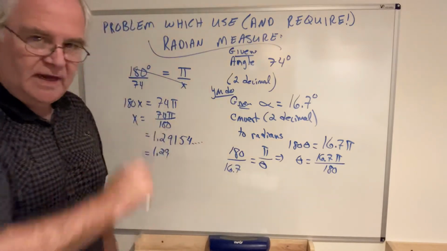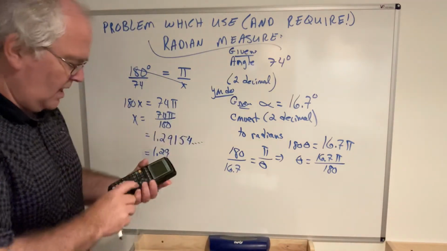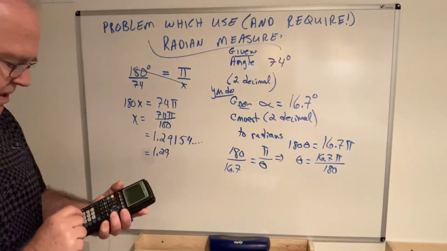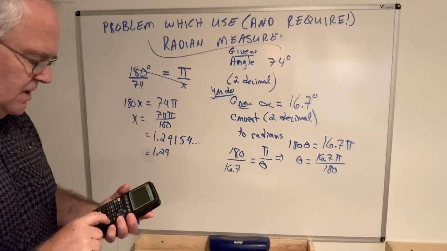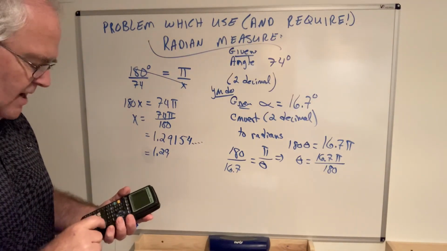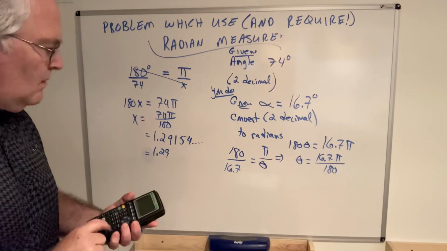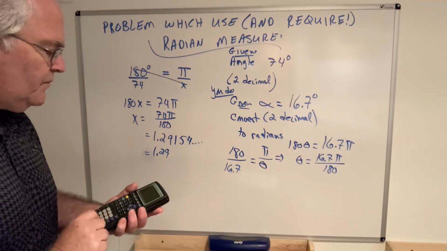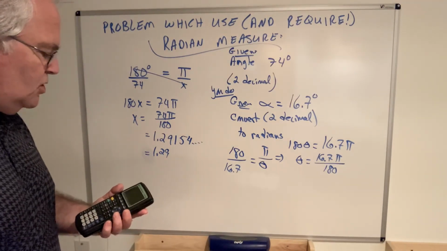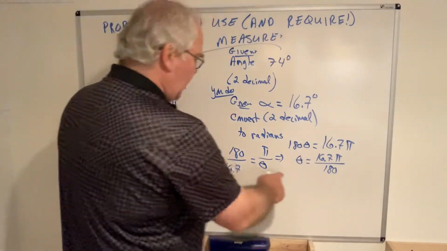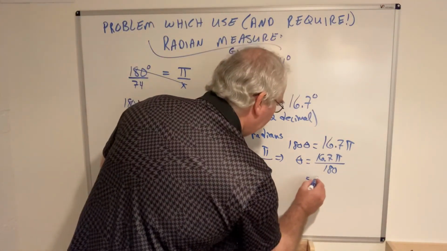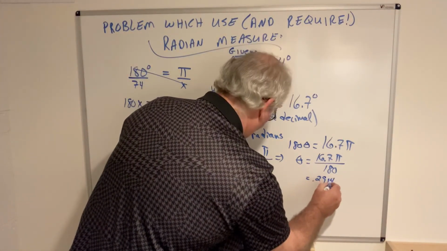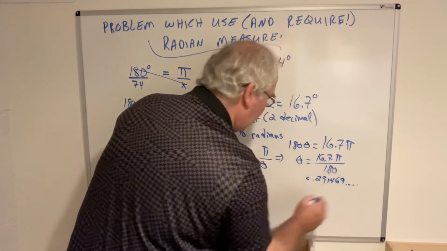Then and only then do you reach for the calculator. I'm going to clear, and say 16.7 times pi, divided by 180. And my value is 0.291469, and so on.